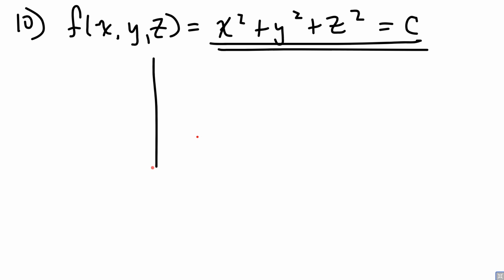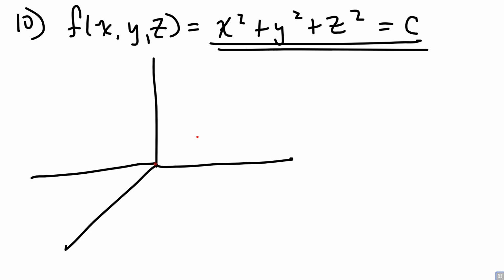So if we do the graph of this, we're going to have a circle in terms of y and z of a radius of 1.